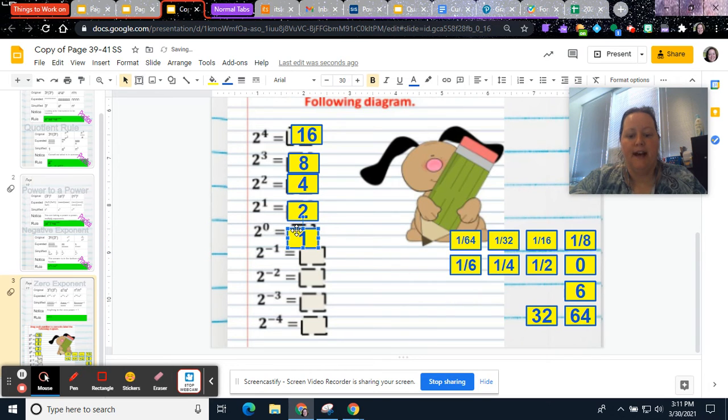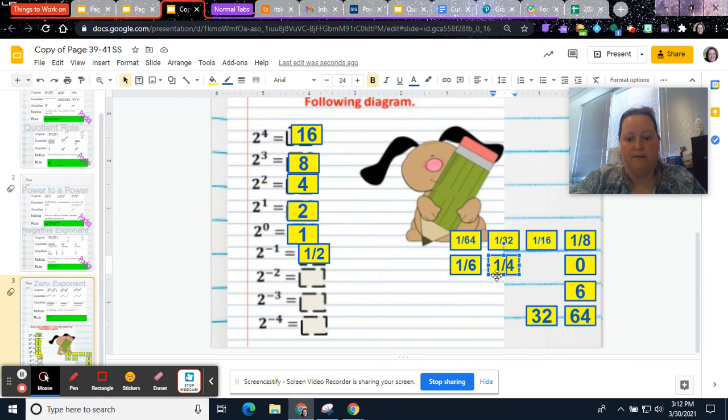Then what you're going to notice happening, remember, if you have a negative exponent, it goes to the bottom of the fraction. So it's like 1 over 2 to the 1st power. Well, 2 to the 1st power is 2. So you get 1/2. Then here, negative exponent, so you know it's going to be 1 over 2 squared, which is 4.